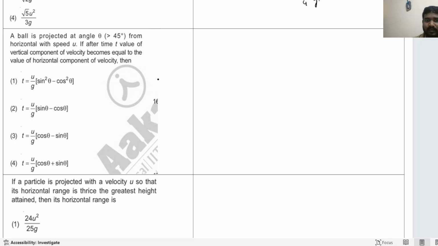So if a ball is projected with a certain angle theta, greater than 45 degrees from the horizontal with a speed u, after a certain amount of time t, the vertical component of velocity, v sin theta, must equal the horizontal component of velocity, v cos theta. V cos theta is nothing but u cos theta only, no need to change at all.